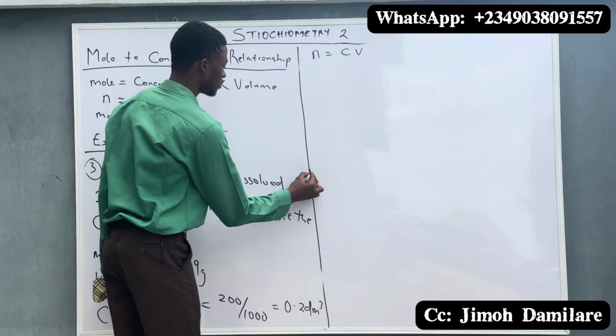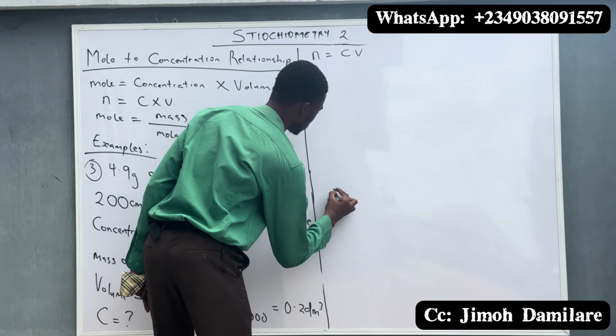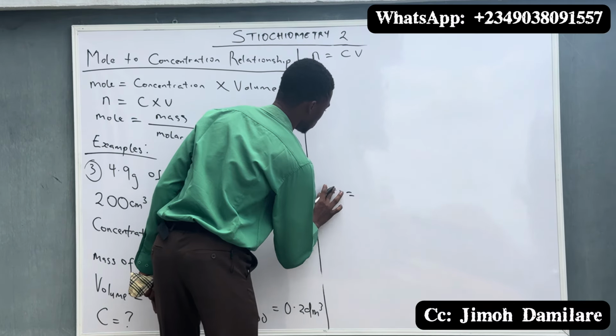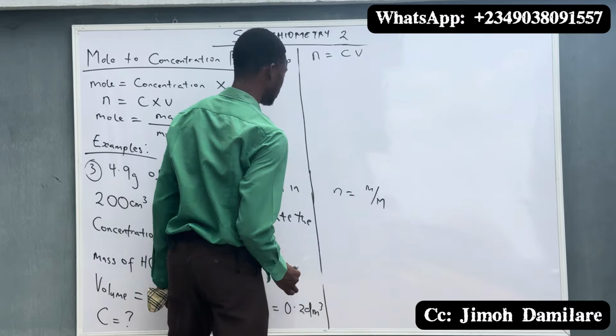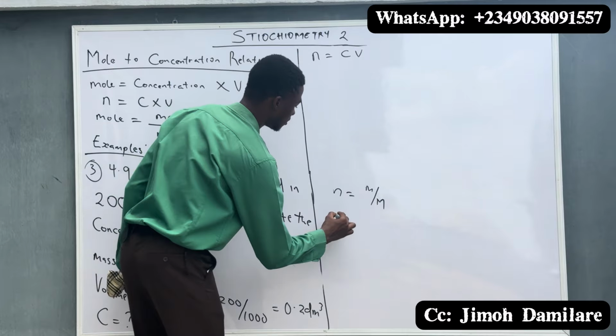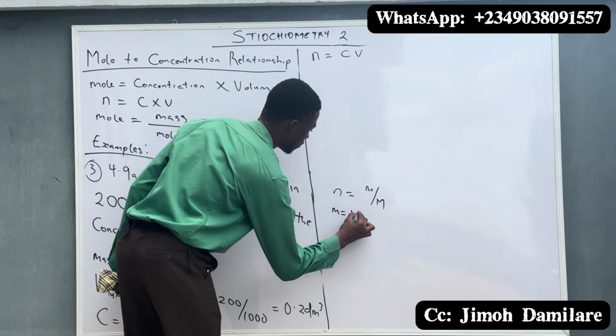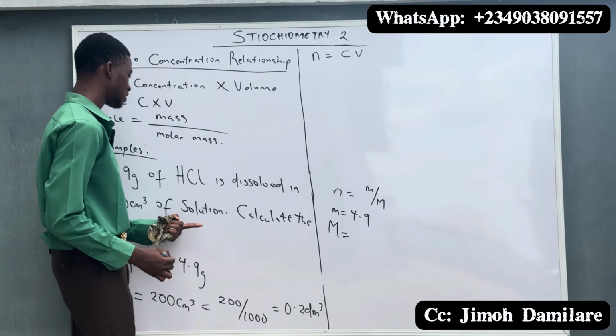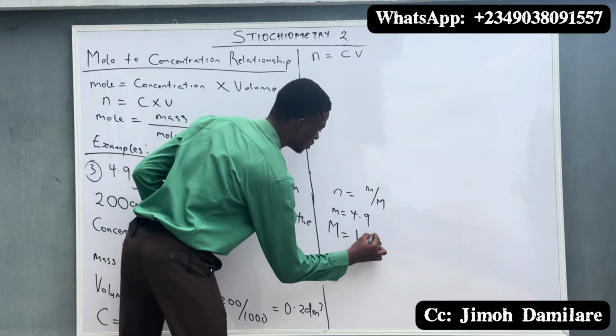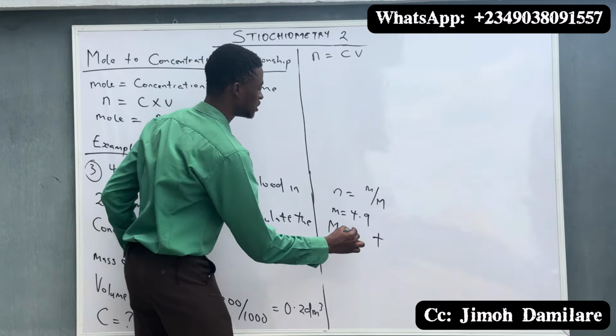So in order to calculate that, our N, the mole, is equal to mass over molar mass, which is the big M. The small m, the mass, is 4.9 gram, while the molar mass is the big M. So what is the molar mass of HCl? We know that hydrogen is 1 plus chlorine, which is 35.5.